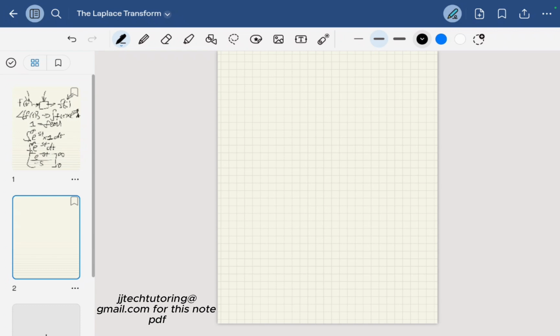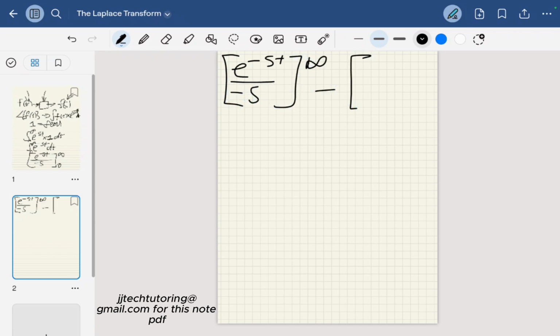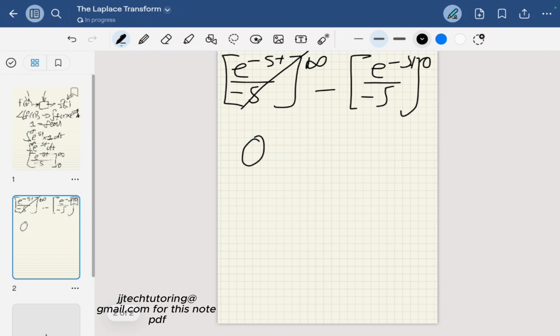Then e to the power negative st divided by negative s, evaluated at infinity, minus e to the power negative st at 0. When we put infinity in the negative exponent, it gives us 0, so that term cancels out.